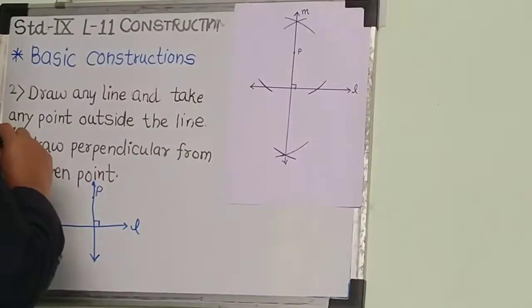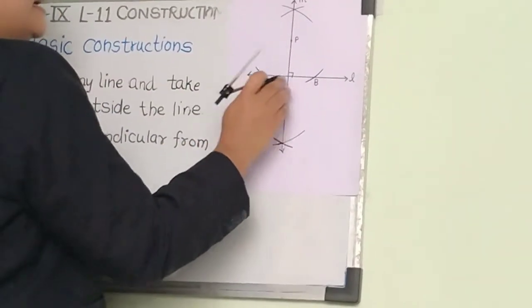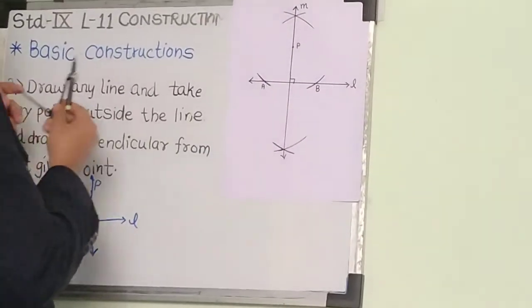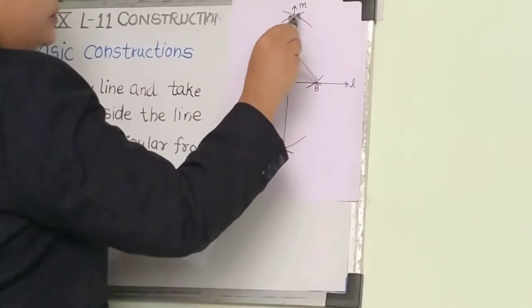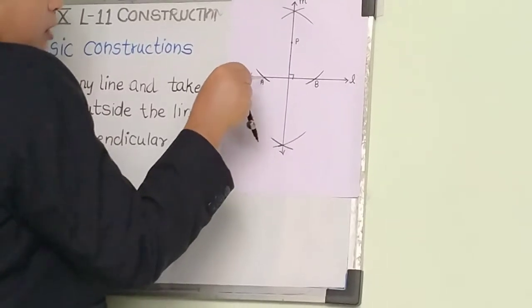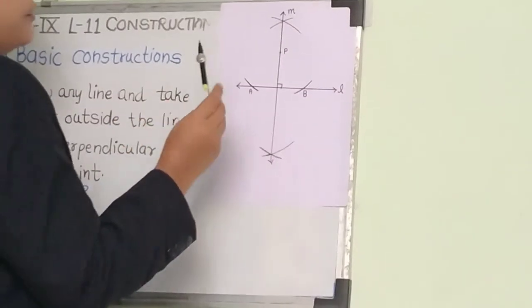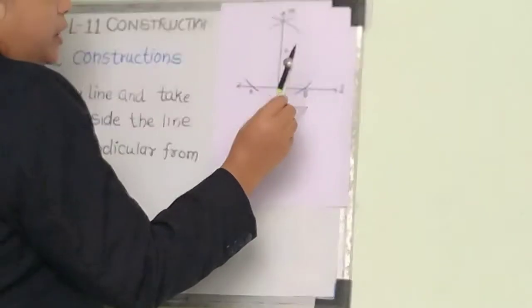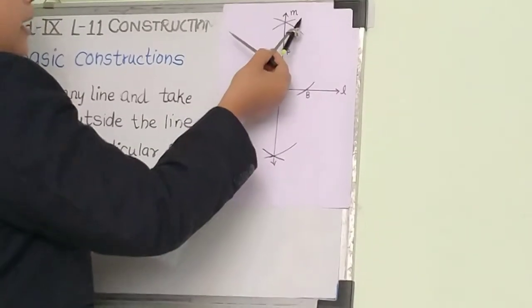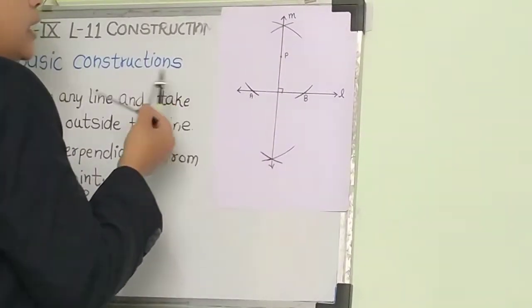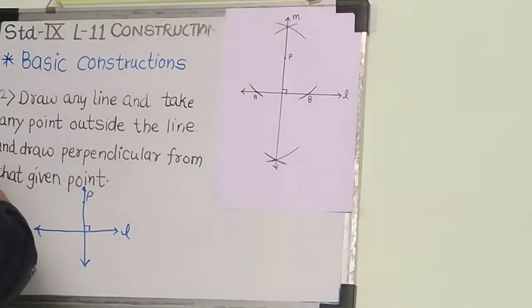Once we get these two arcs, suppose we call them point A and point B. From points A and B, again we take some distance in our compass and draw intersecting arcs with fixed distance, and then we join the line M, which is perpendicular to the given line AB through the point P outside it. In this way we can draw the second construction.